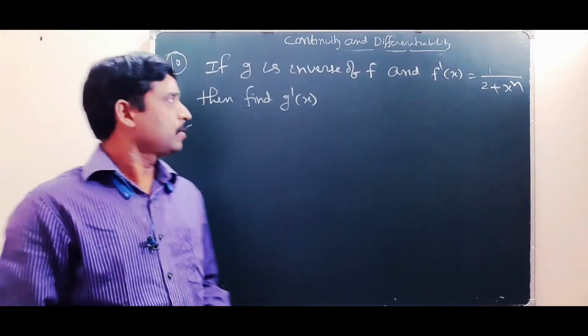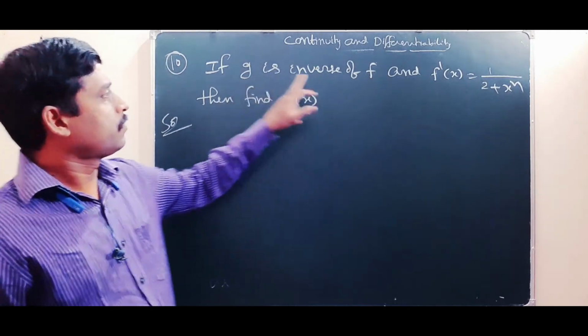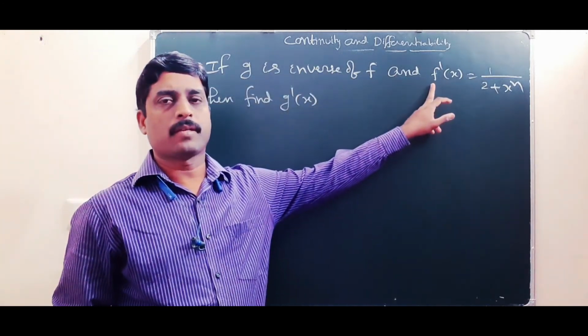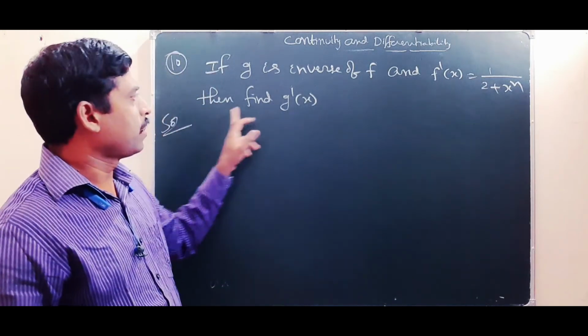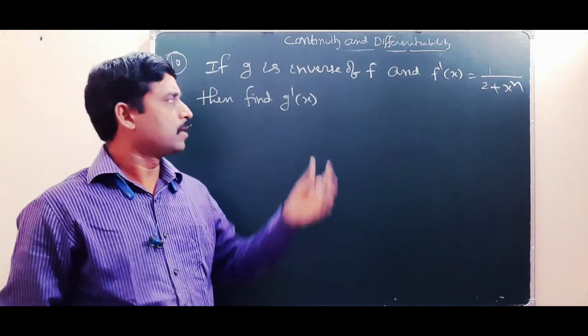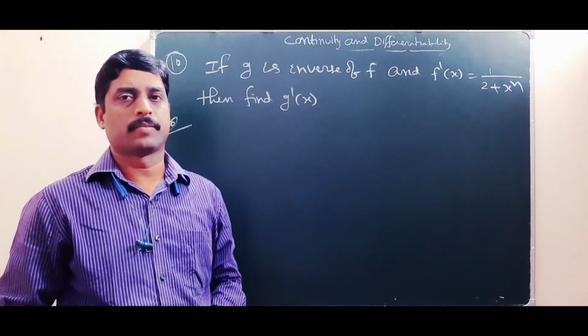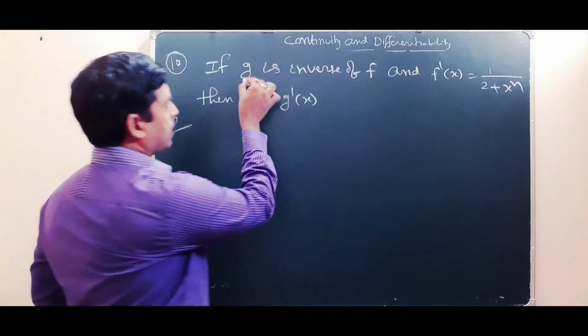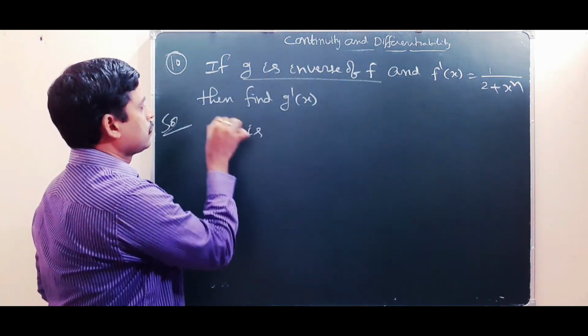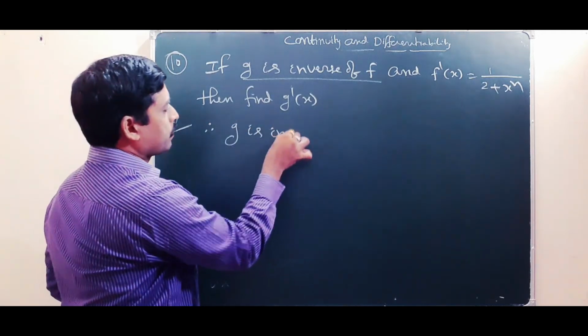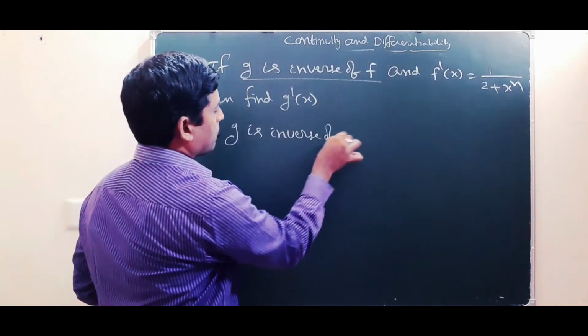Okay, look at the next question. g is the inverse of f, and f dash of x equals 1 by 2 plus x to the power n. Then we have to find g dash of x, the derivative of g of x. The given condition is that g is the inverse of f.